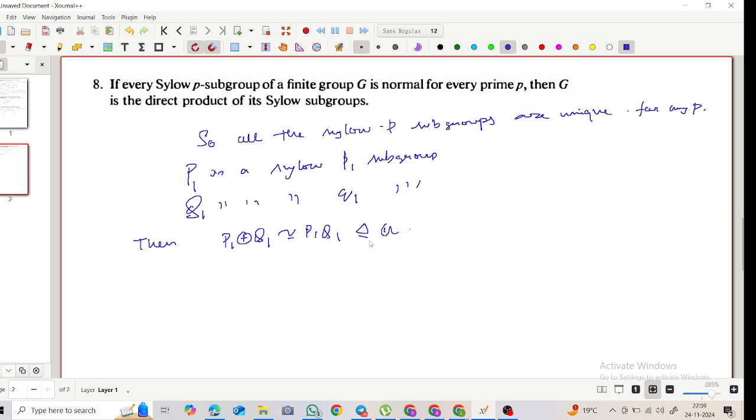That's true, na? This is normal, because if you take x belongs to G, then x P1 Q1 x inverse, you can write this way, right? So this is P1 and this is Q1, thus you get P1 Q1. So this is a normal subgroup of G, okay?